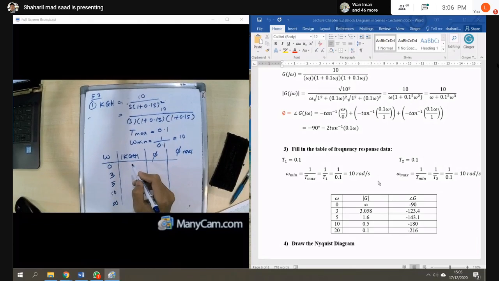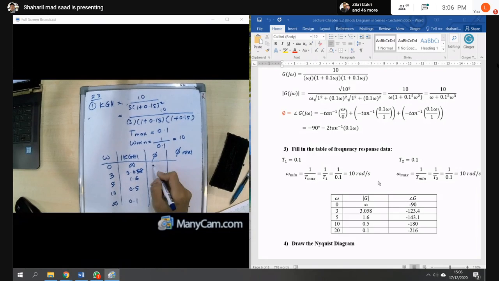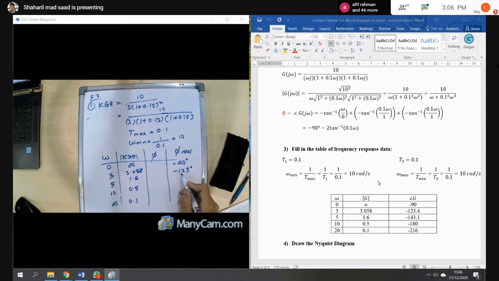Infinity here, 3.058, 1.6 here, 0.5, and 0.1 here, and for the phase, 90 degree, 123 degree, 143 degree, 140 degree, 180 degree, and 216 degree.